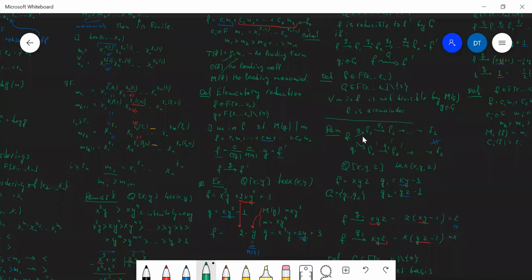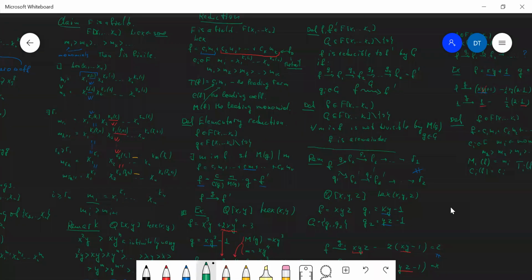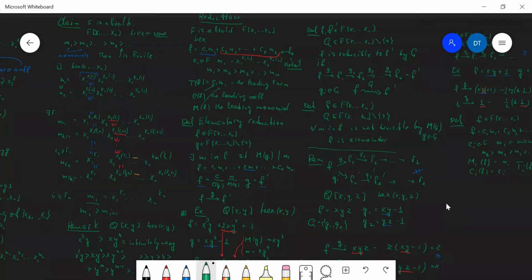If we apply the elementary reduction several times, at the end we will get some polynomial which is not reducible by our polynomials from the set G, and this is called a remainder. So the process is very similar to the one we have in the case of polynomials in one variable.